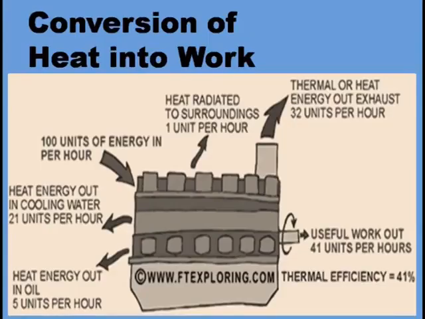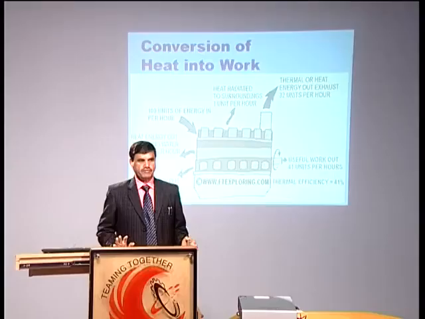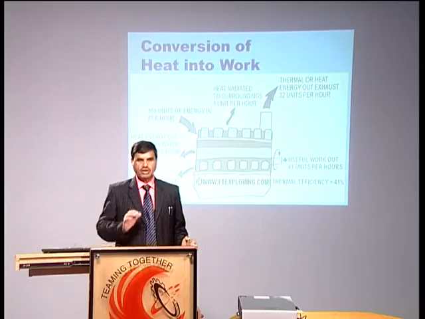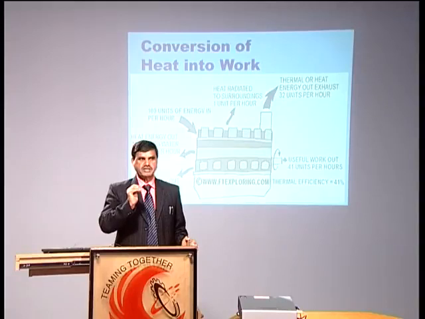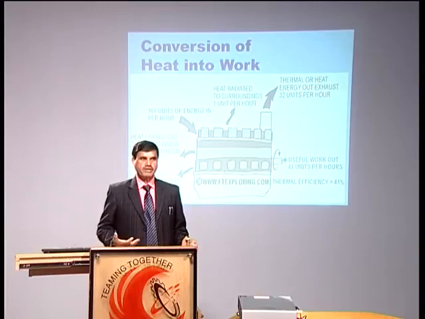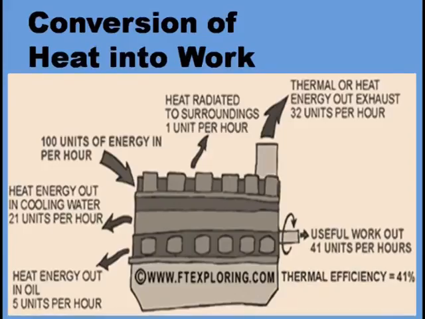Every engine has to be cooled, because the materials which we use for framing the cylinder or constructing the piston have certain limitations as far as sustaining temperature is concerned. Above a certain limit they can't sustain temperature. Normally the piston and cylinder are made of cast iron, mild steel, or aluminum, which have limitations as far as their melting points are concerned.